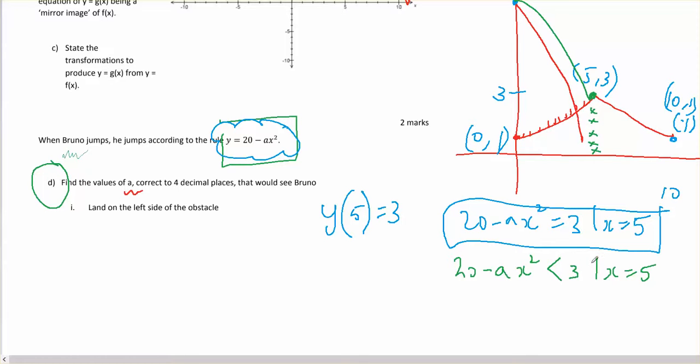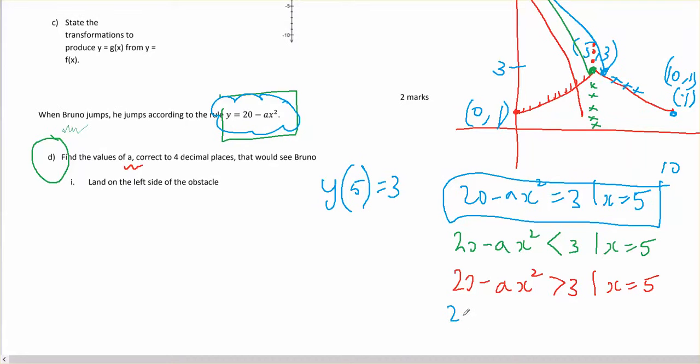Is that okay? So if I did 20 minus ax squared is bigger than 3 given x equals 5, then it must go through at this point here, which means when Bruno jumps, to go through that point there, he must land on this side of the tent.